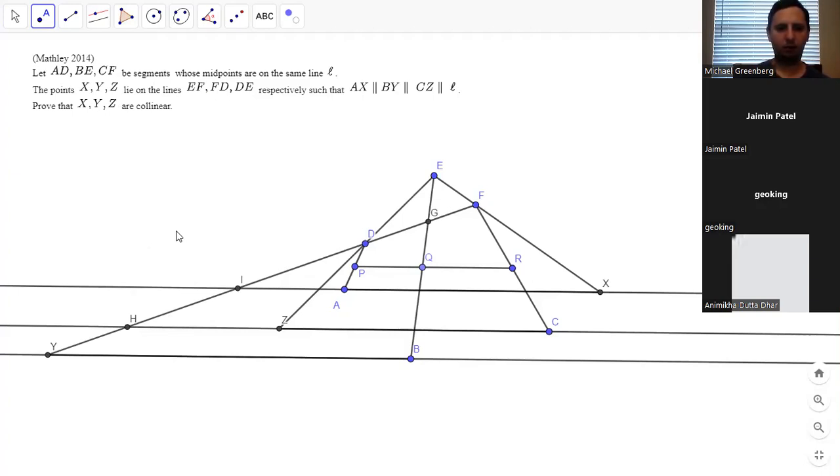But let's see. So YH over YI is equal to BJ over BK. And HZ over IX. Do we have any other ratios?